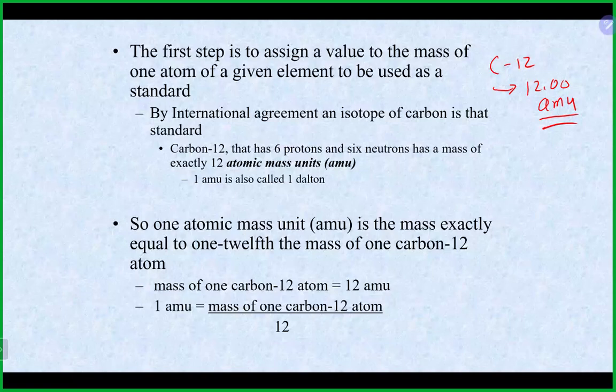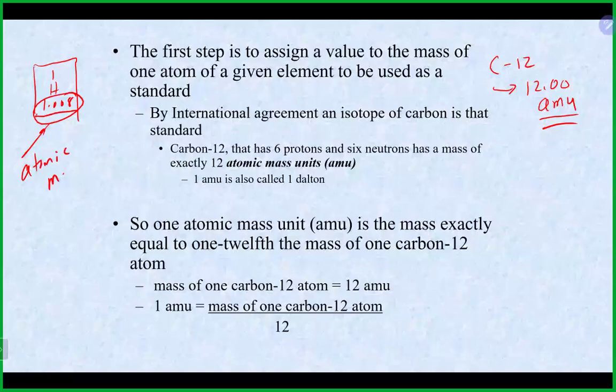And that is what they compared everybody else to and used as a standard to figure out all the atomic masses. By the way, the atomic masses are what we find on the periodic table on the bottom here, and that is the atomic mass. Remember, again, it is not the mass number, but that is where we do find that number located.